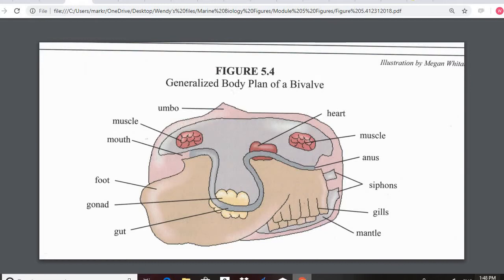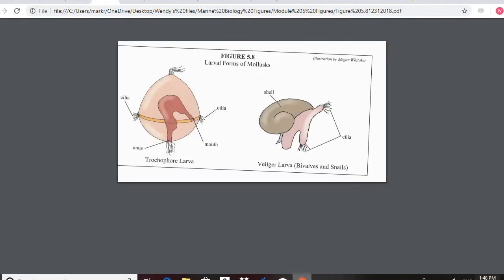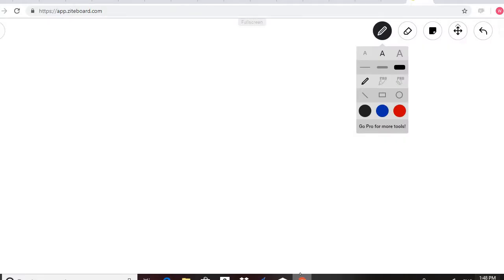On the gills, you can't really see the cilia, but the cilia are really involved in pulling water into the bivalve, and then the food can be extracted from that water. Okay, so let's go back.